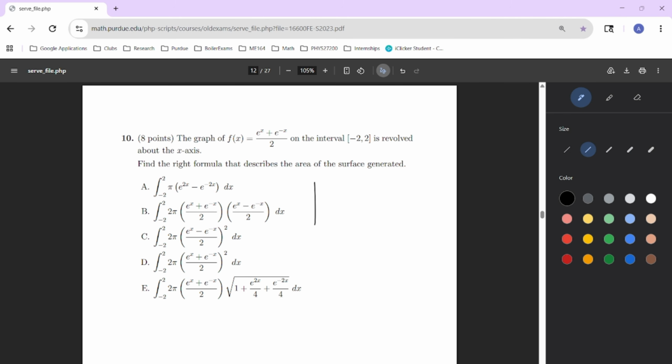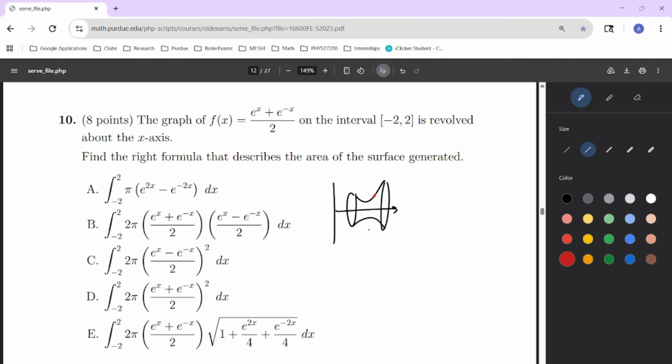let's say that I have a small profile, it looks like this, right? You can imagine that is revolved about the x-axis. Let's take one of these small strips of arc length along here.